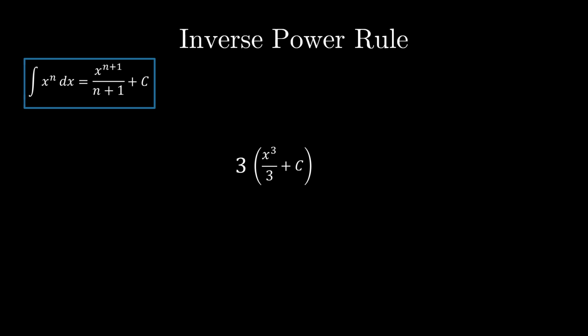Don't forget plus c. Now, expand the parentheses, and we will get x cubed plus 3c. But as we know, c is just a constant, so what's the difference between c and 3c? Nothing. It remains a constant, and therefore we can write that as c. x cubed plus c is the answer.